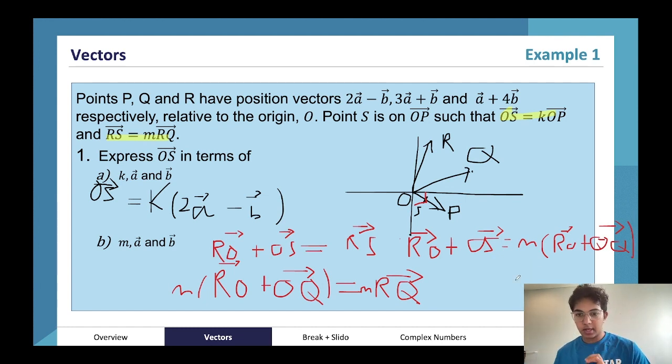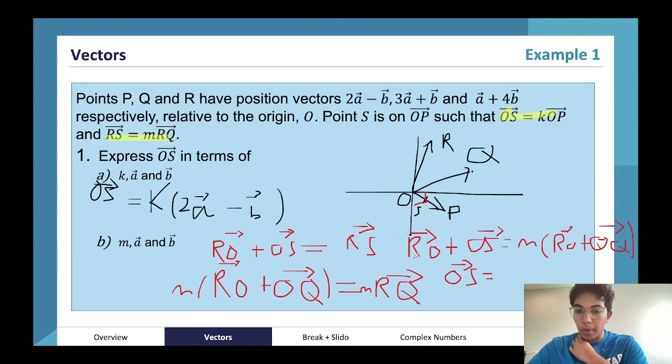I'm a little bit lazy. I don't know if I want to keep writing all this out, but hopefully you guys get how we're going to go about this. Because we want to figure out OS, right? So one thing we can do is we can subtract RO to the other side. So we have OS is equal to, I'm just going to expand, put the M in both terms. So let's say we have MRO and MOQ, right?